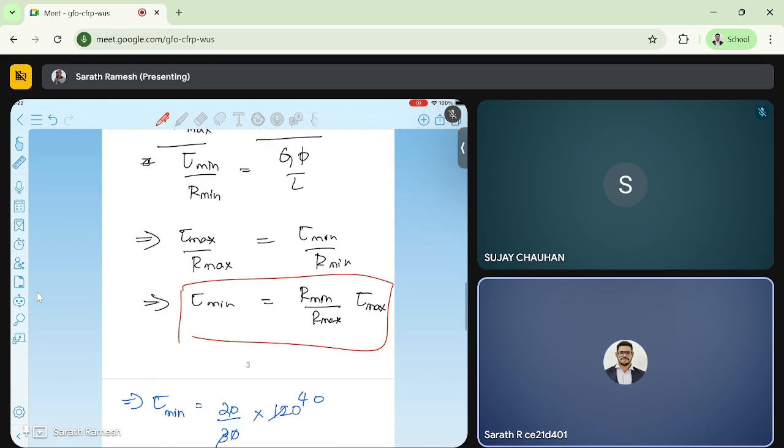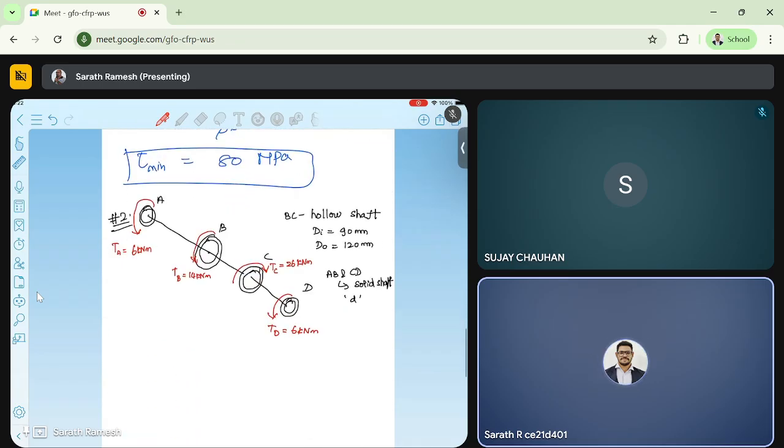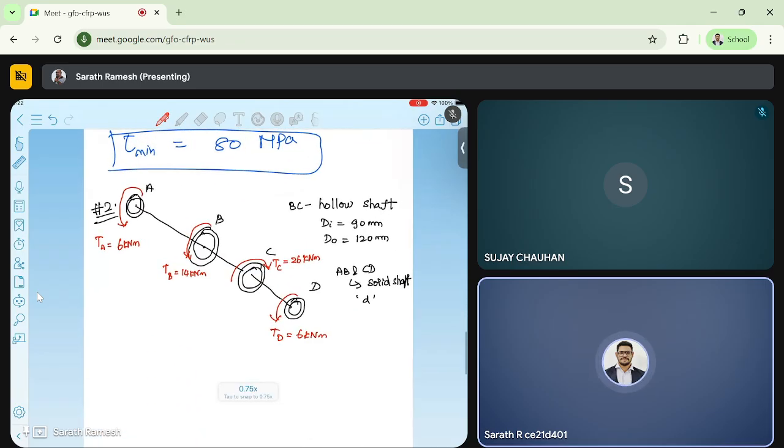Now the current problem is a series of shafts AB, BC, CD, where BC is a hollow shaft, and AB and CD are solid shafts of diameter D. We have to find the maximum and minimum shearing stresses in shaft BC.